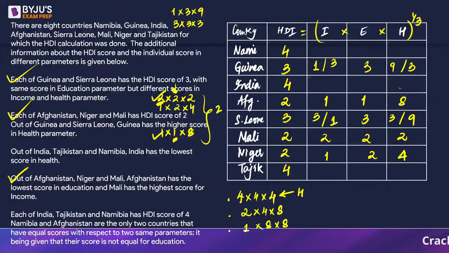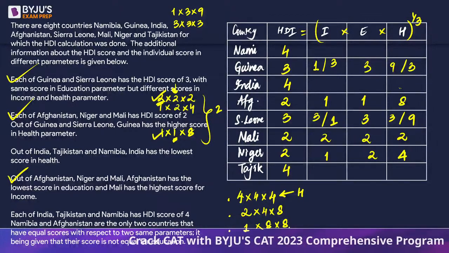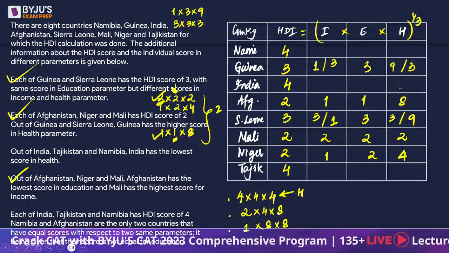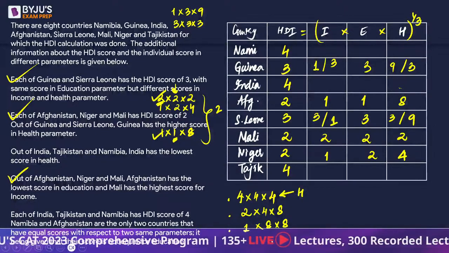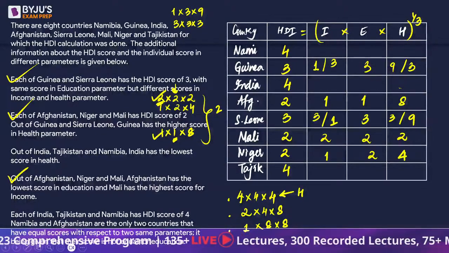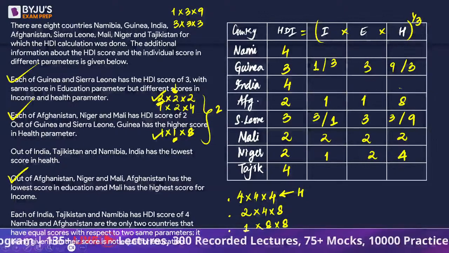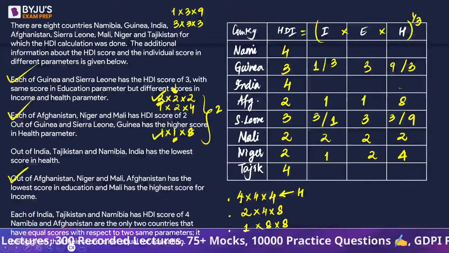And then it says Namibia and Afghanistan are the only 2 countries that have equal scores with respect to 2 same parameters. How come we don't see it? देखो तीनों तो same नहीं हो सकते numbers, right? And I can't write 1 into 1 because the third will be 64 then. And if we write 2 into 2, the problem is the third number will be 16.